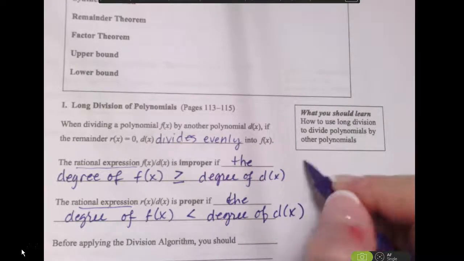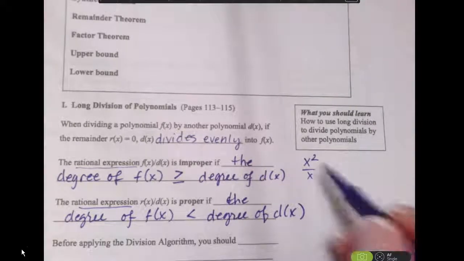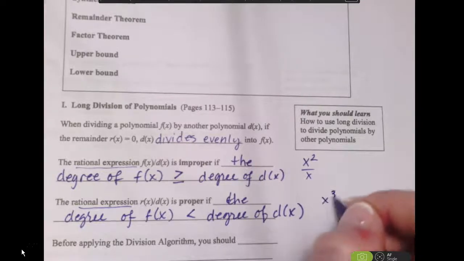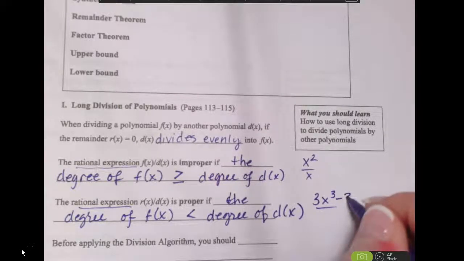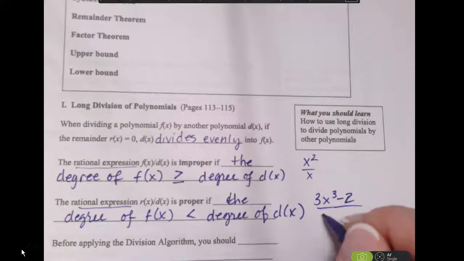So the improper, that would be like if you had x squared over x. It's just the degree is higher on the top. And then it's proper if you have like 3x cubed minus 2 over x squared plus 1.